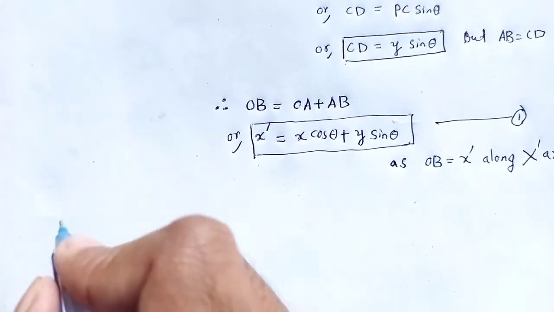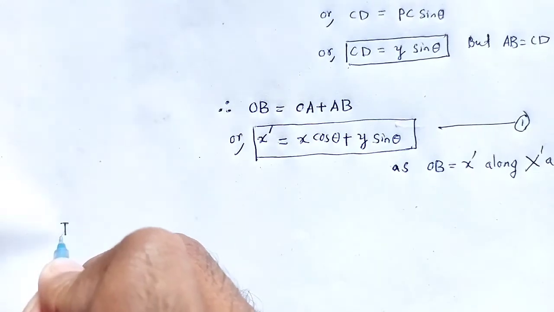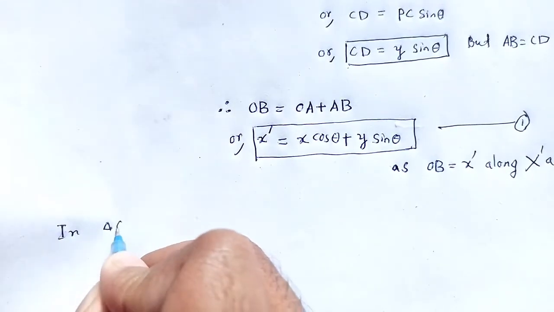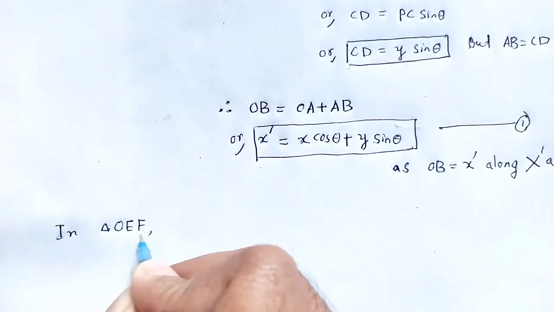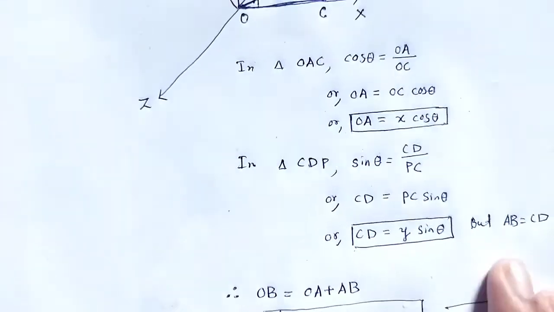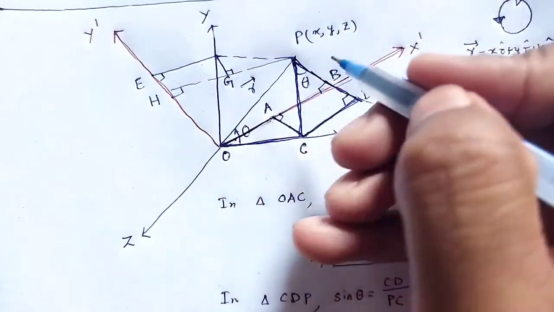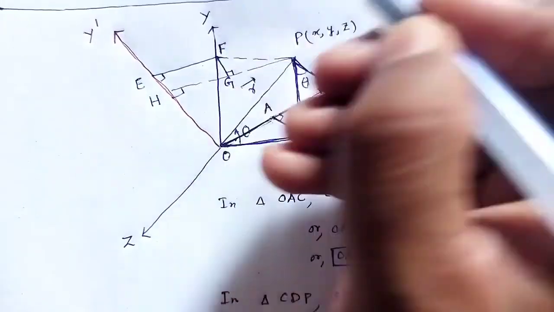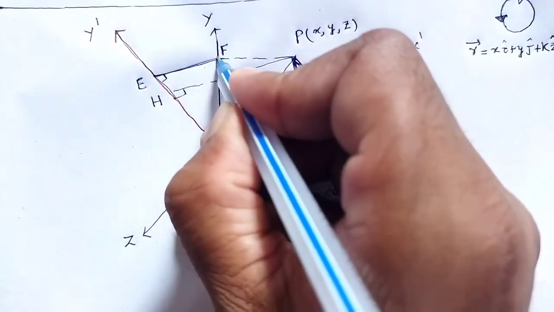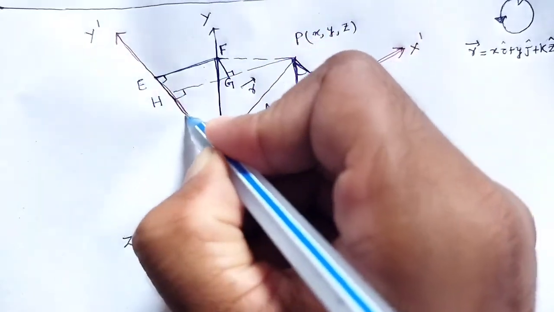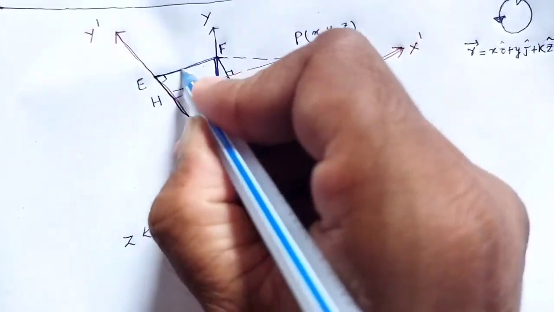In triangle OEF, this point being F, the figure looks like this.